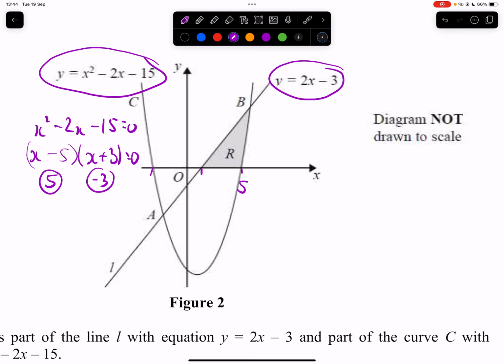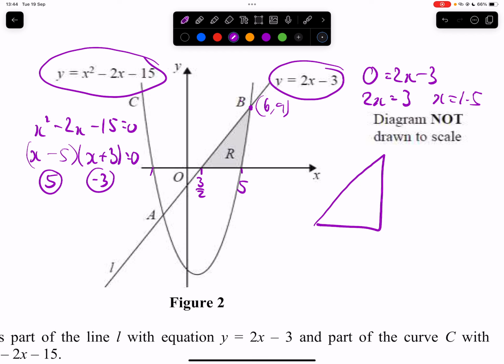If I want to find out where this line meets 0, do the same thing again. So we set y equal to 0. 0 is 2x minus 3, so 2x equals 3, x is 1.5, or 3 over 2.